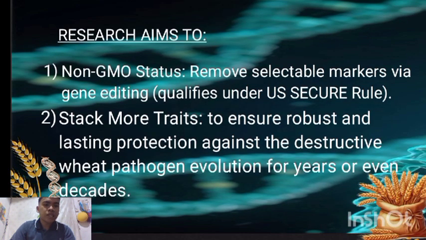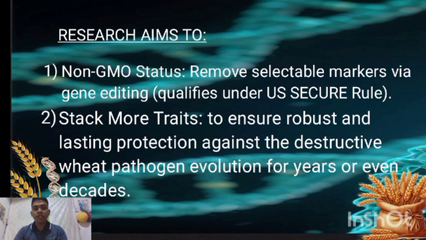Cloning to non-GMO status, removing selectable markers via gene editing, qualifies under US SECURE rules. The difference between gene editing and genetic engineering is that gene editing can be non-GMO if you are not transferring genes to another host.